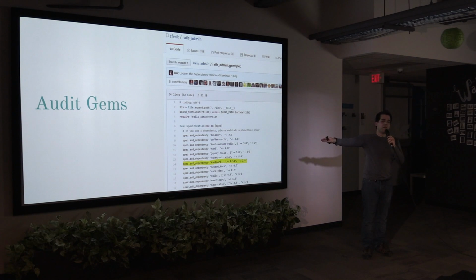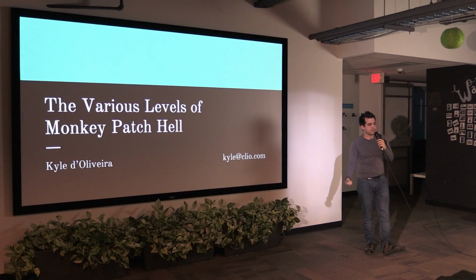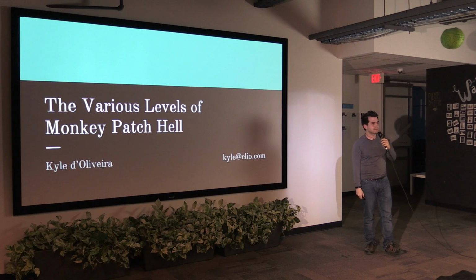But then there's this weird thing out of left field that would just fail, because all of a sudden 4 divided by 3 is no longer 1, and you were relying on that integer division. And this gem just decided that that behavior is not okay. So look through the gems, look through the dependencies, look through the actual source code and understand all that. And hopefully with all that, you can keep yourself out of monkey patch hell.